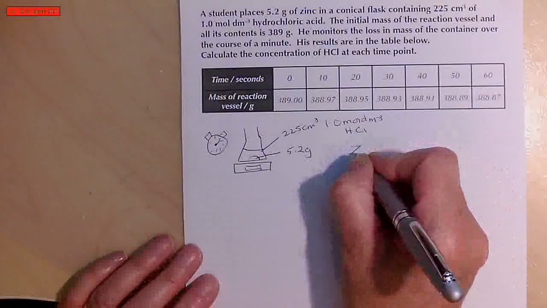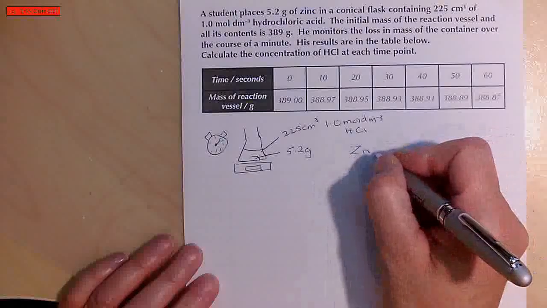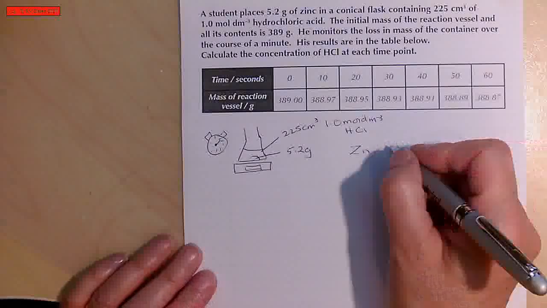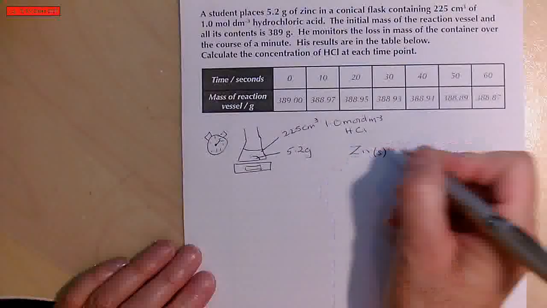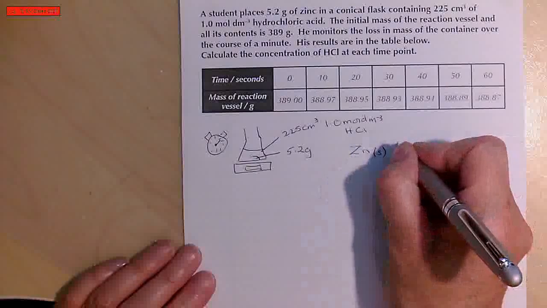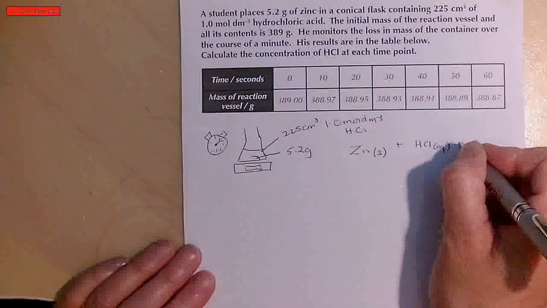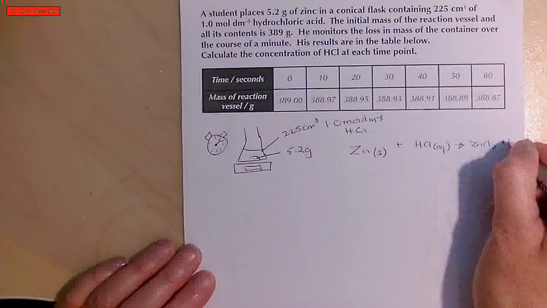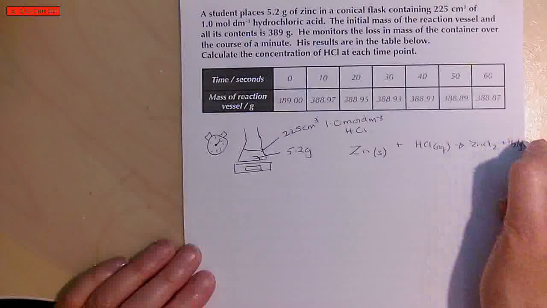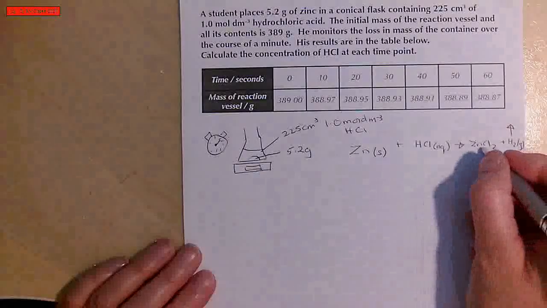Now I always like to write the equation first, so I actually know what I'm dealing with. So I've got zinc, it's solid zinc. I'm not going to put the states in it. Oh, I think I will, why not? And it's reacting with hydrochloric acid, and that's aqueous, and that's going to give us zinc chloride and hydrogen's a gas.